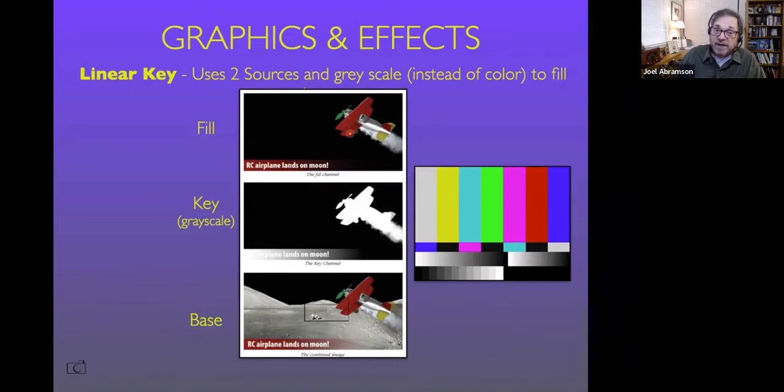So if we use chroma key, we'd be out of luck for that. So we're using this for the fill. We're using the moon for our base picture, and we use the grayscale to cut out our fill picture and then fill it in here. So we filled in with this picture, using the grayscale to cut out instead of using chroma key, something like that.